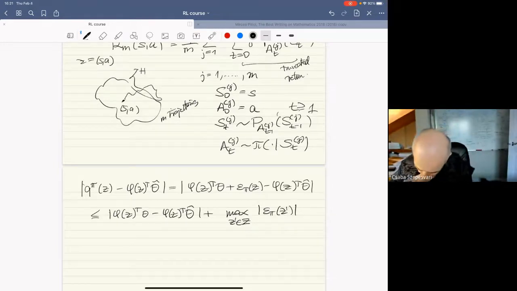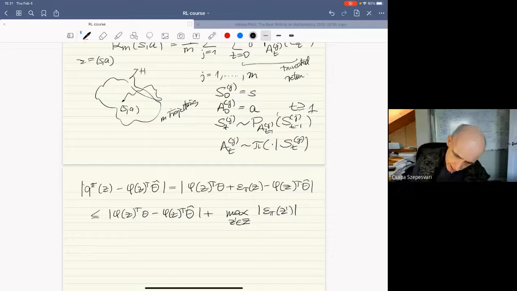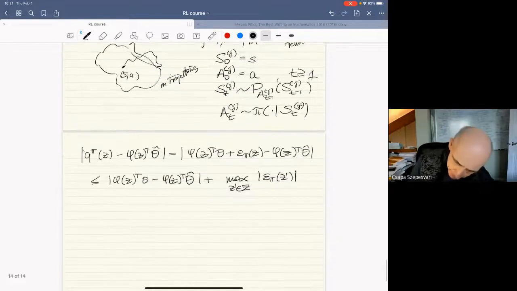And our corollary very nicely bounds this.